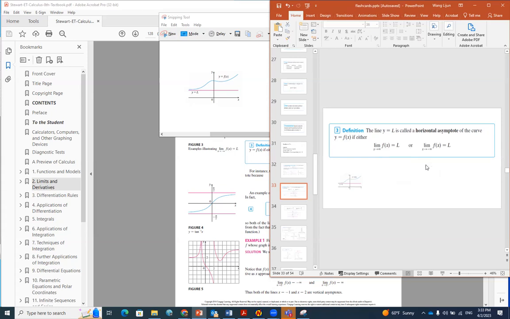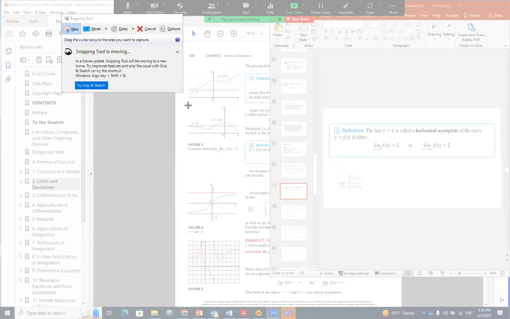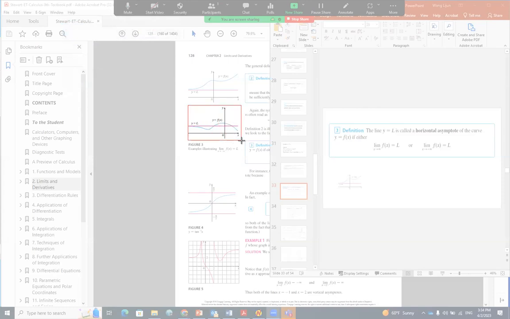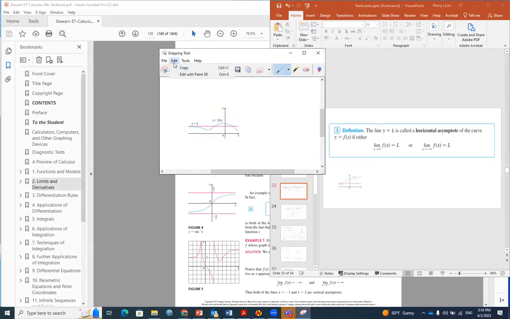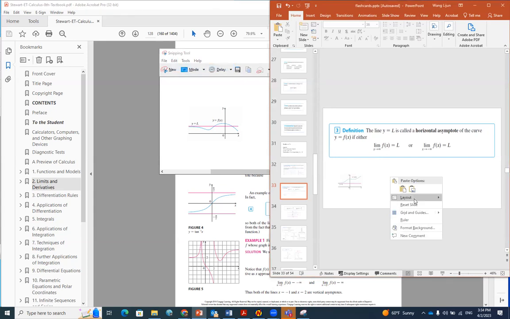I'm going to remove this piece. Number two. Copy, paste. So now we have vertical asymptote and horizontal asymptote all together.